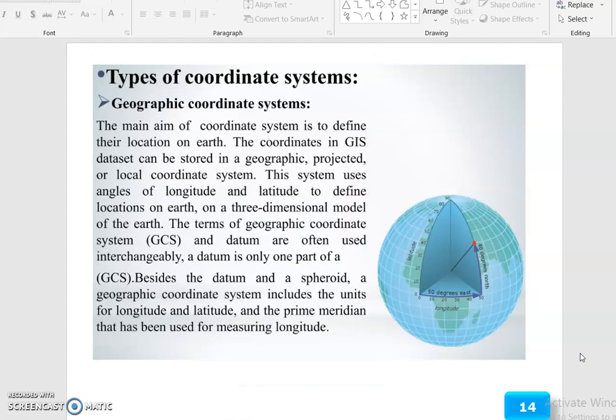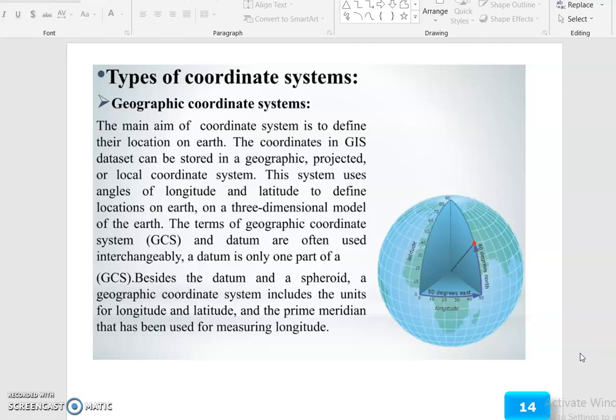So the types of coordinate system: geographic coordinate system. The main aim of a coordinate system is to define locations on Earth. The coordinates in GIS datasets can be stored in a geographic projection or local coordinate system. This system uses angles of longitude and latitude to define locations on Earth.